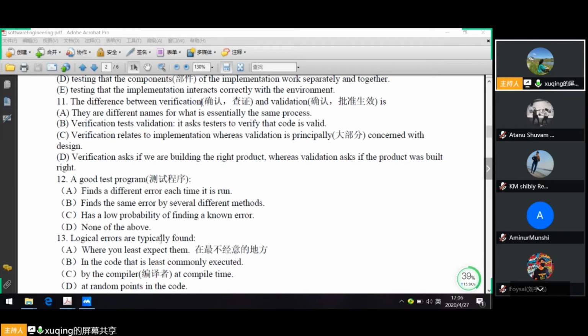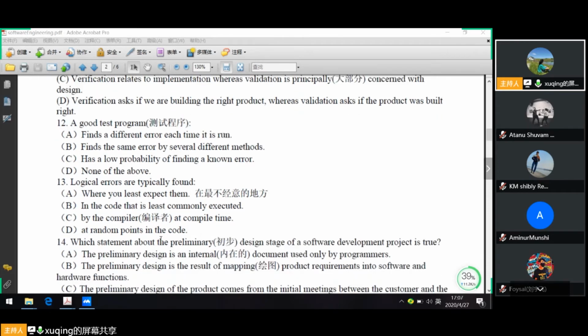And for the 13th: logical errors are typically found where you least expect them, in the code that is least commonly executed, by the compiler at compile time, or at random points in the code.